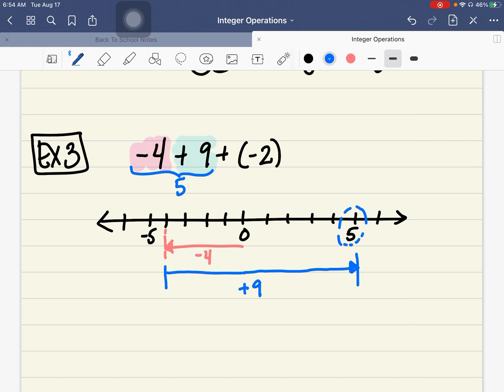But we still have one more that we have to do. We still have this -2, which means I've got to go from here over 1, 2 spaces to the left. That's -2. That puts me here, which is at 3. So the answer is 3.